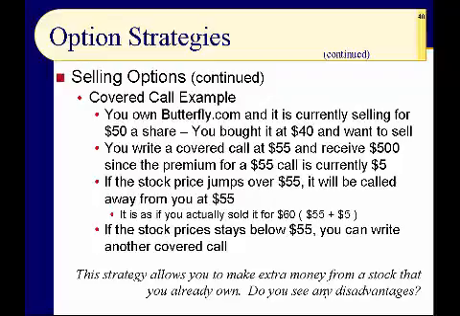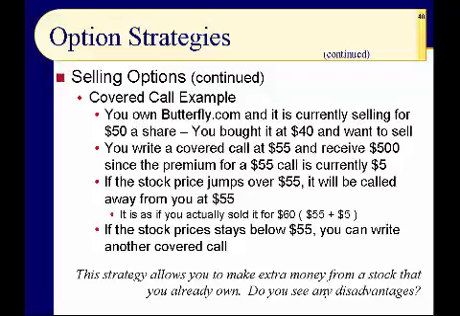Now, if the stock price jumps over 55, it will be called away from you. But you were thinking of selling anyway, right? And it is as if you actually sold it for $60 because you got $5 from the price of the option. You understand?